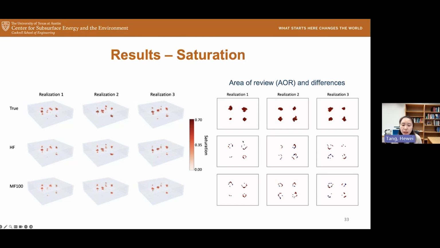And then we can calculate the difference between the high fidelity model and the true model in terms of area of review, as well as the multi-fidelity model compared with the true model. And we can see that these two models can predict very similar results, so same accuracy.